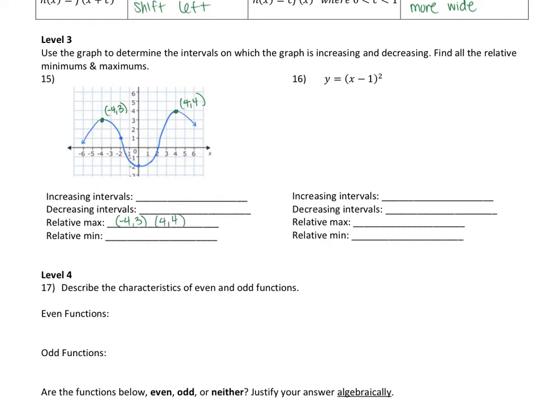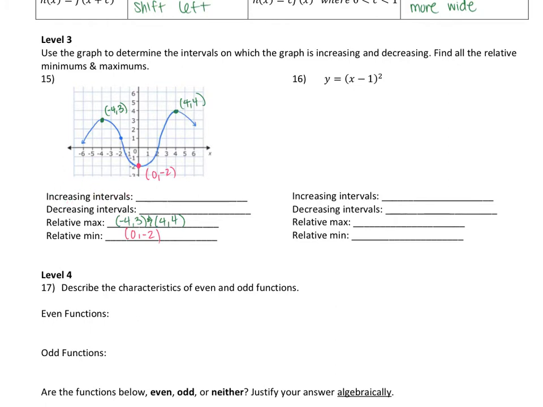And for the relative min, I have one down here because it looks kind of like a dip in a trough. So in this case, this dip here is at 0, -2. So I have a minimum at 0, -2.